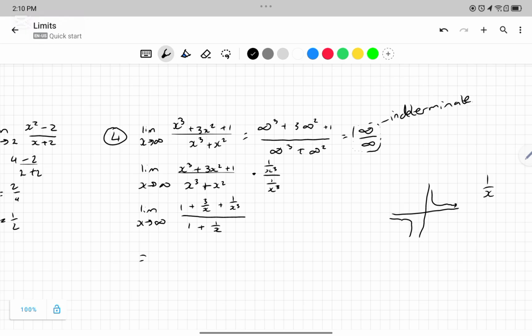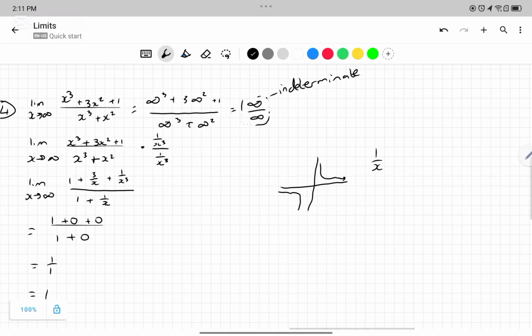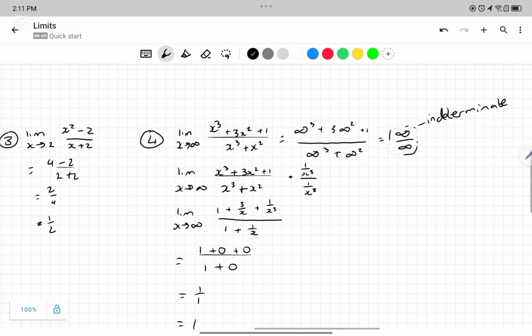What that means is you're going to have 1 plus 0 all over 1 plus 0, which is equal to 1 over 1, which is equal to 1. In this case, it is equal to 1, but it's not in all cases. Know that is of paramount importance. But in the following examples, it's not really equal to 1. I'm about to show you.